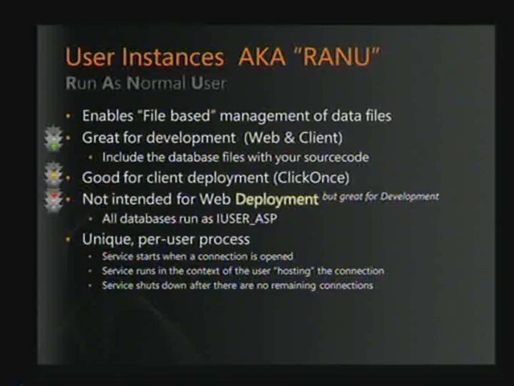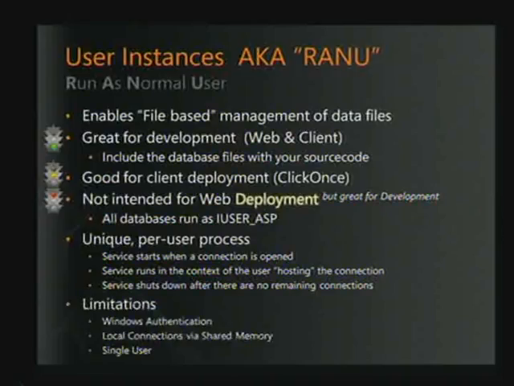So those processes and that connection start to have some limitations: it only runs under Windows authentication. You can't connect with SQL auth, so you can't start doing granular role management. And it uses shared memory, the local connections in named pipes, so you just don't get the kind of granular configuration that you might be used to with SQL Server in web environments.